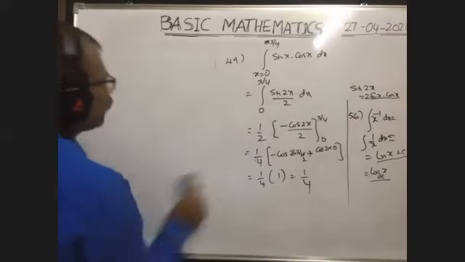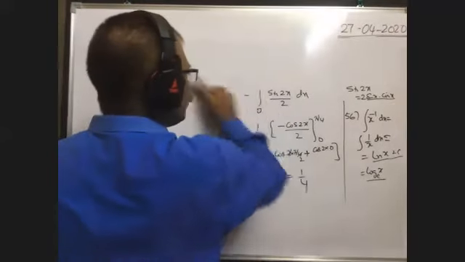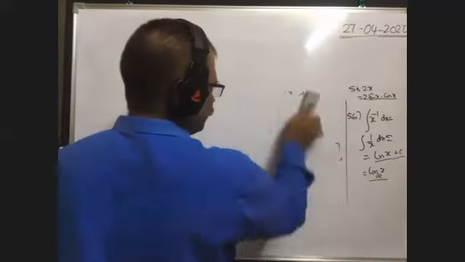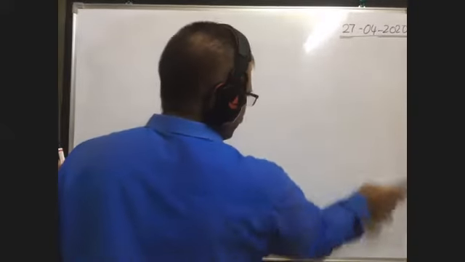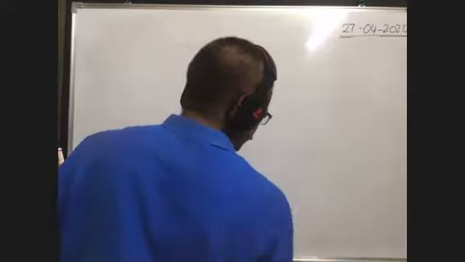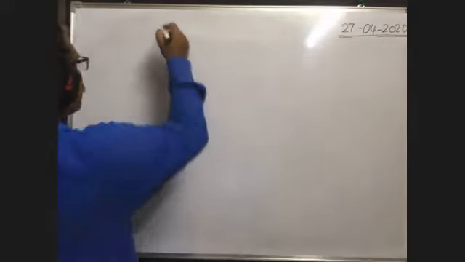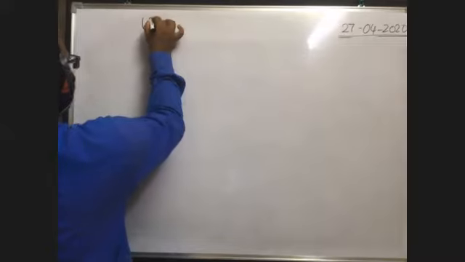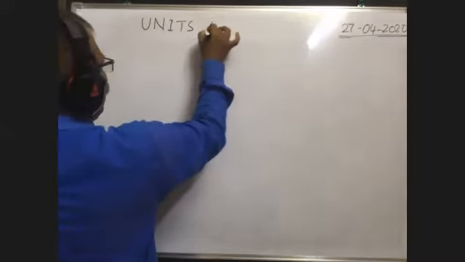Now today we have to start a new lesson. With this new chapter, we will enter into the intermediate first year syllabus. Of course, these are covered in our previous standards. Okay, units and dimensions. New chapter, units and dimensions.